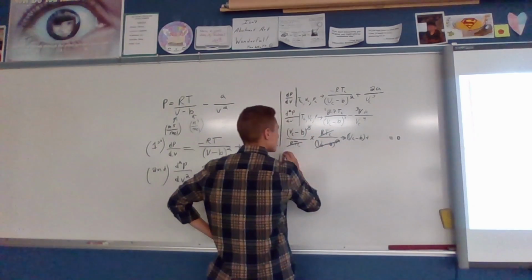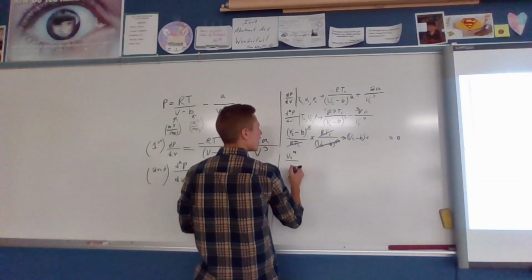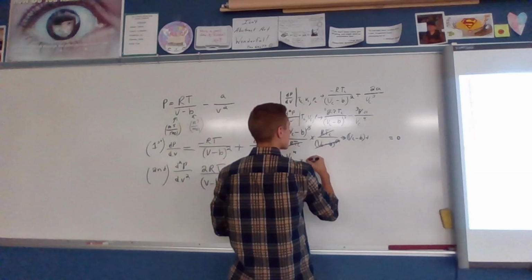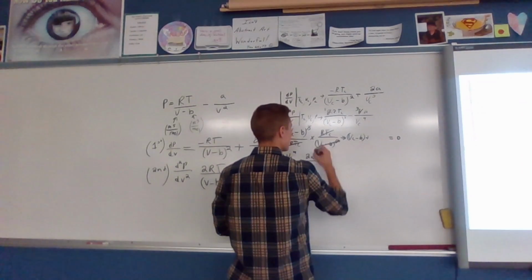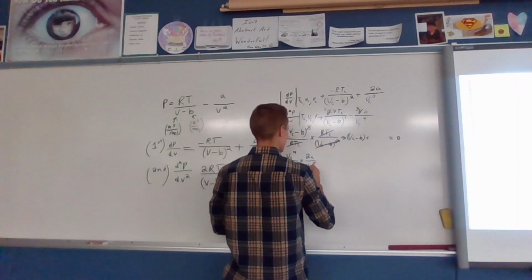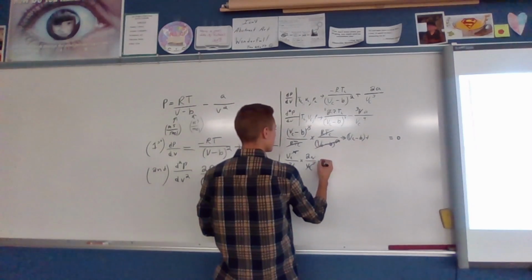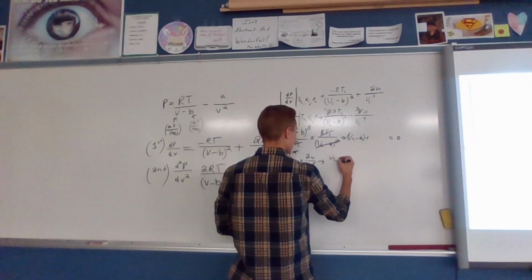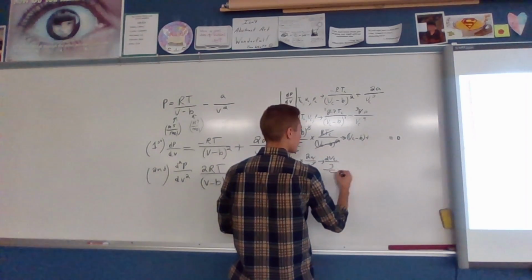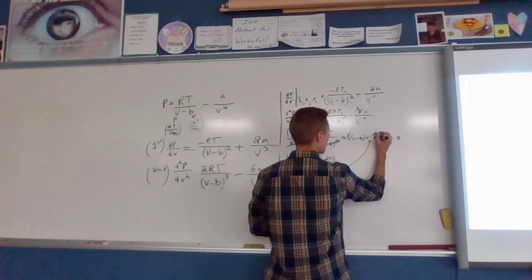Critical volume, fourth power over 3A times 2A over critical volume cubed. So this cancels out, this goes down to 1, A's cancel out, this goes to critical volume times 2 over 3. Take this, plug it in up here, so 2 over 3 times your critical volume.